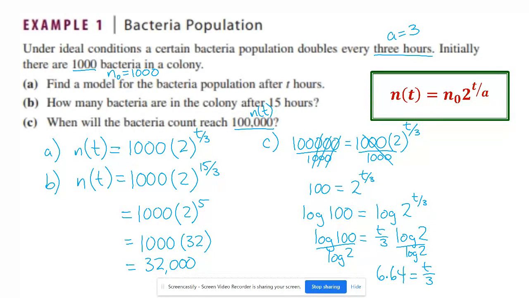And when we do that, times 3, times 3, those cancel out. T is approximately 19.93, or almost 20 hours. So after about 20 hours, our 1,000 bacteria becomes 100,000 bacteria.